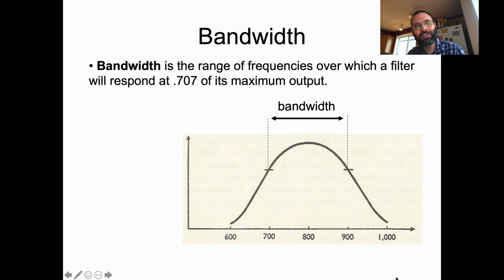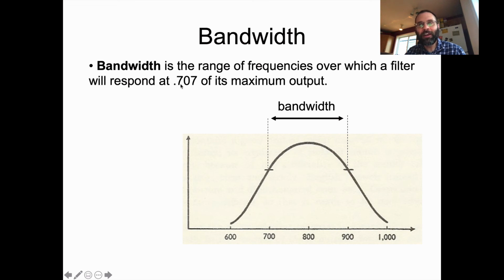For our purposes, bandwidth is the range of frequencies over which a filter responds at 0.707 of its maximum output. So let's say in this particular example, we had a sine wave component at 700 hertz. And this is the point at which you'd be multiplying whatever its original intensity is by 0.707. This might be a kind of funny number to you. It turns out it's actually the square root of 2 over 2.